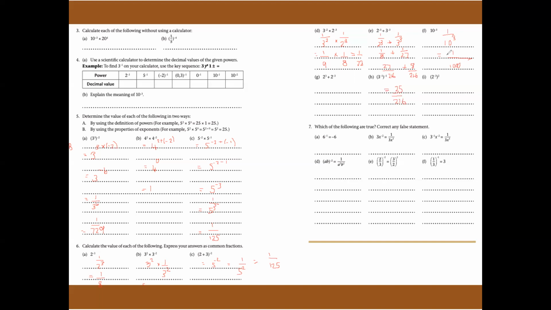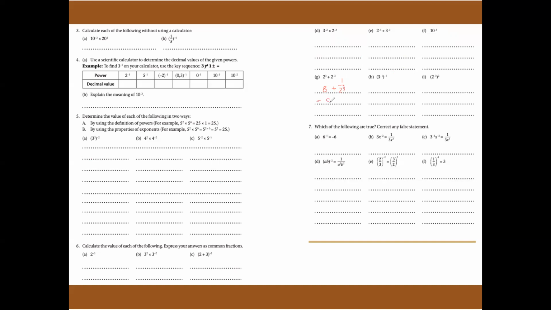Okay, then I have to just erase because this is not enough space. All right, now for this one, you have 2 to the power of 3, which is 8. And then you have, this is the opposite, so this is 1 over 2 to the power of 3.